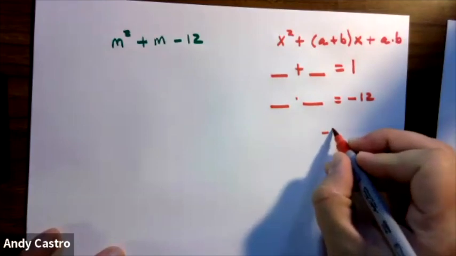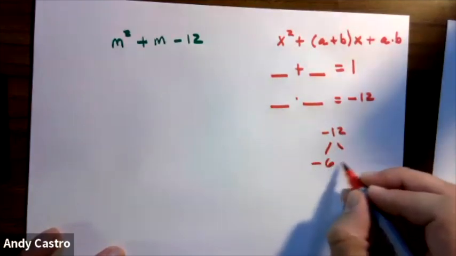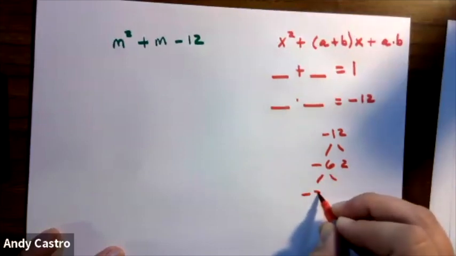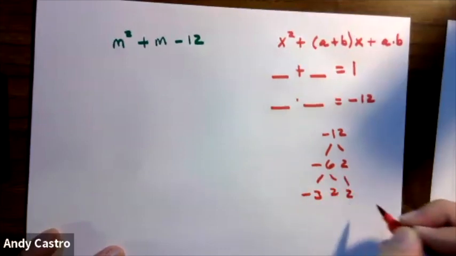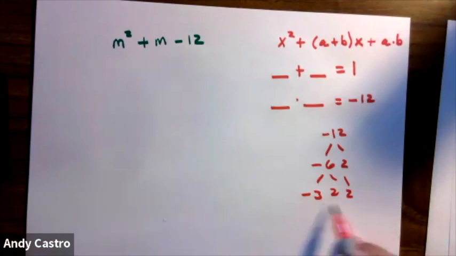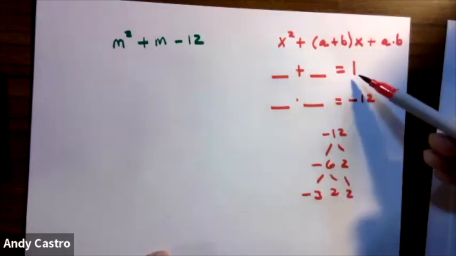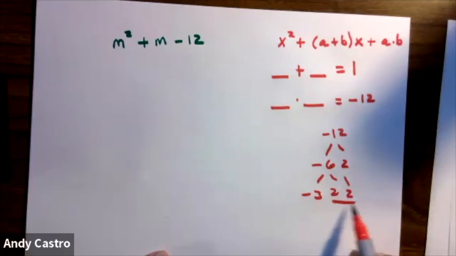All right. So if I look at negative 12, that could be a negative 6 and 2, negative 3 and 2, 2. It looks like 3, 2, 2 here at the bottom. Any one of those could be negative. All three of them could be negative, but we're only looking for two numbers. Well, negative 6 plus 2 does not give me 1. Oh, look at this. 4 and 3.